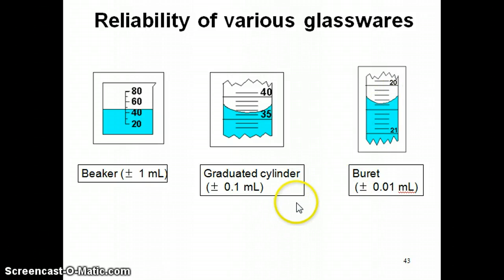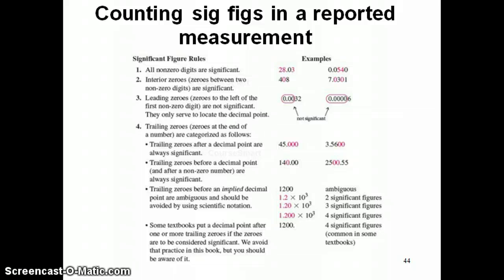So it's very different because the more numbers you can read, the more certain you are that the volume is between 20 and 21. If this same volume is placed in a beaker, you would not have as big of a confidence, okay?